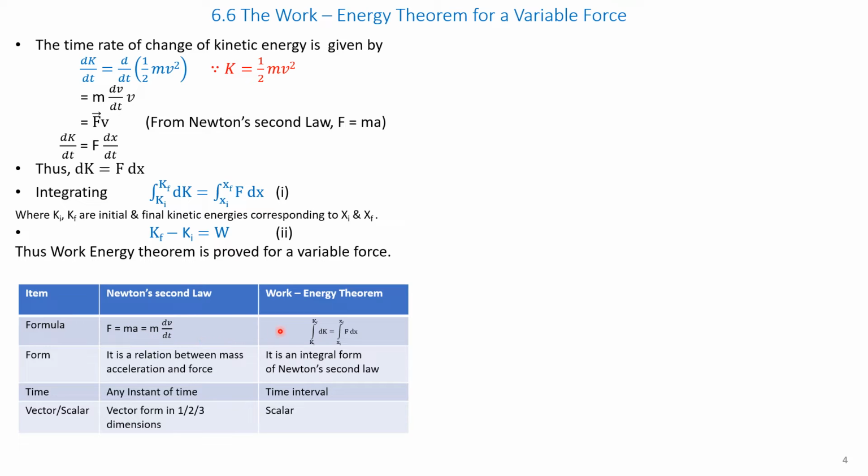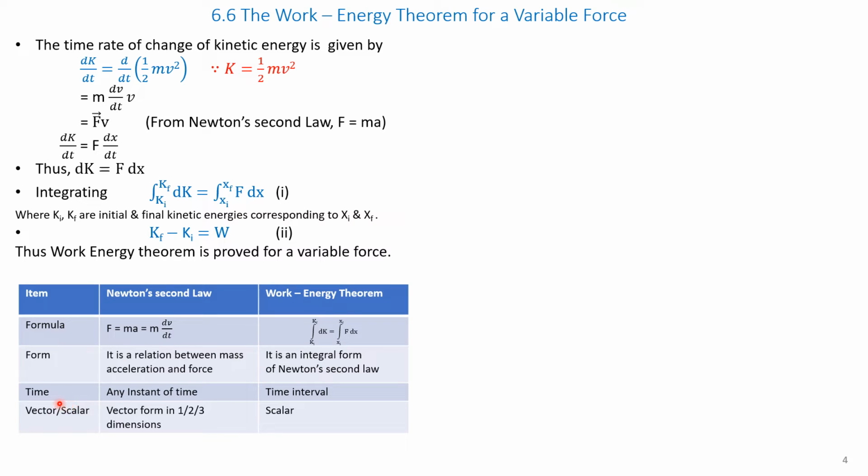And the work energy theorem is the integral from initial kinetic energy to final kinetic energy of dK, equal to the integral from initial position to final position of F dx. Hence, Newton's second law is a relation between force and mass into acceleration, whereas the work energy theorem is an integral of Newton's second law.